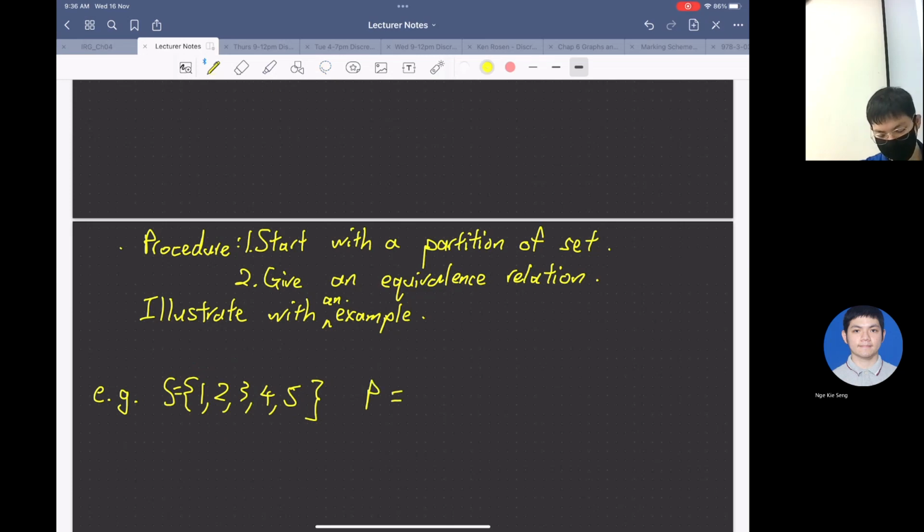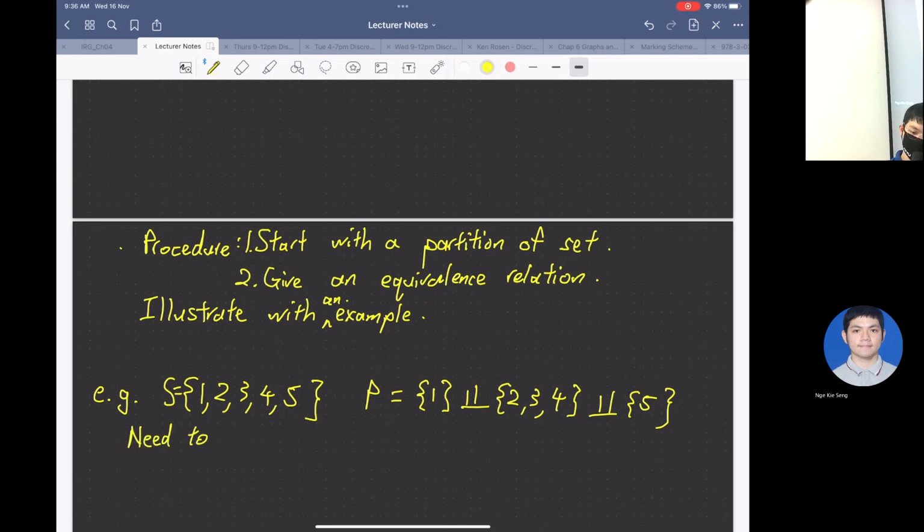The partition I pick is {1}, {2, 3, 4}, and {5}. This is my partition. So now we need to form an equivalence relation.